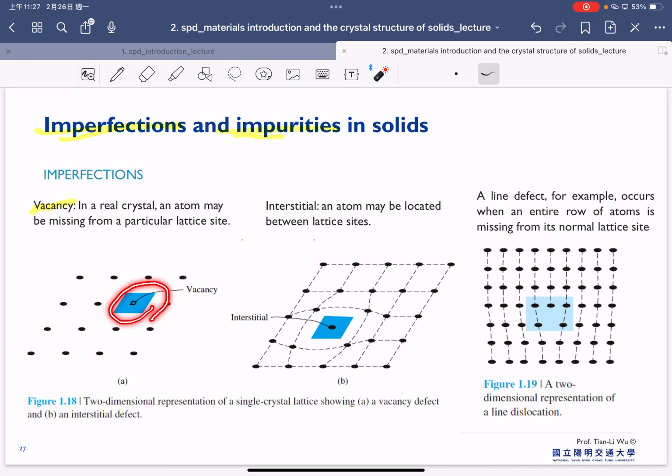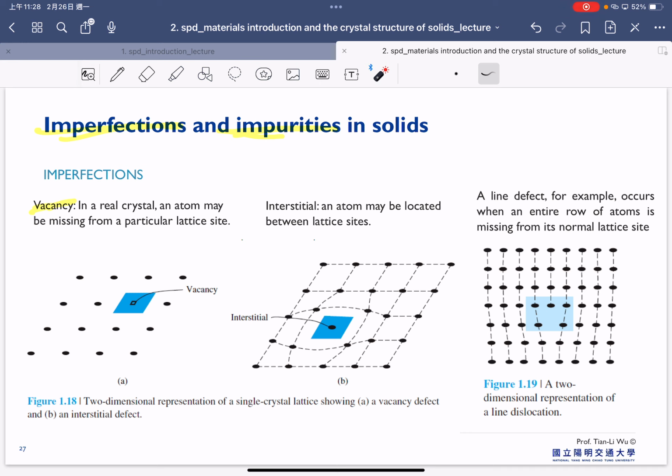Vacancy in Mandarin we call 空缺, but vacancy can be used not only in the semiconductor. Vacancy is a very general word that we can use in our life. For example, when you try to apply for a job, you have to check whether you have a job vacancy, a position vacancy. That means 你有没有职位上空缺. So that can also be used in daily life, especially for job applications, often as job vacancy.